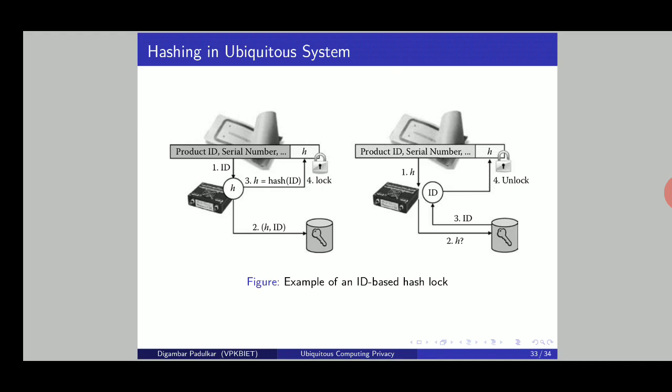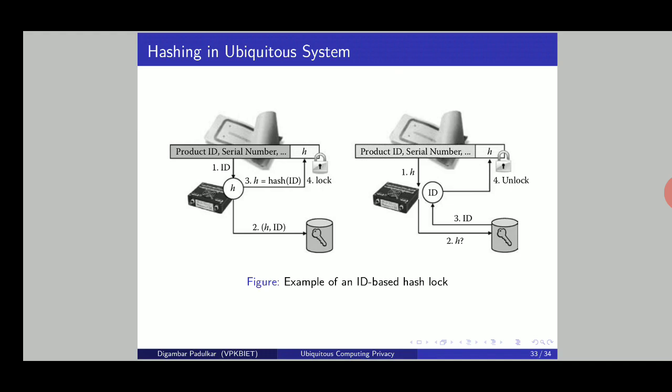So this is an example of an ID based hash lock, generating the hash. Whatever information we are collecting, that's the product ID, serial number, name of the product, and so on, we have some hashing function, and based upon this hashing function we'll be generating a hash code. Getting me? So this is a very simple function.